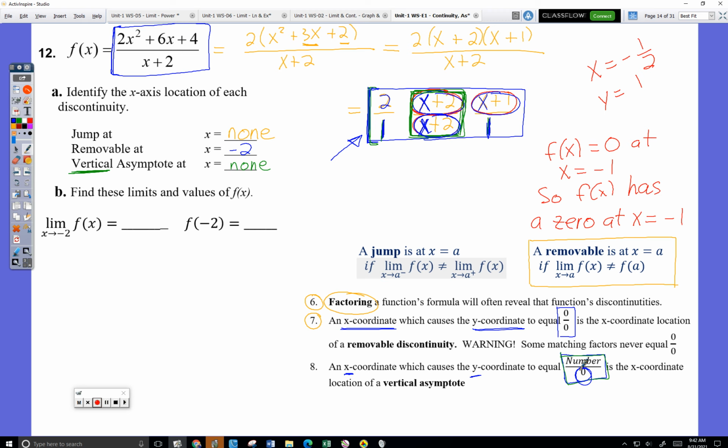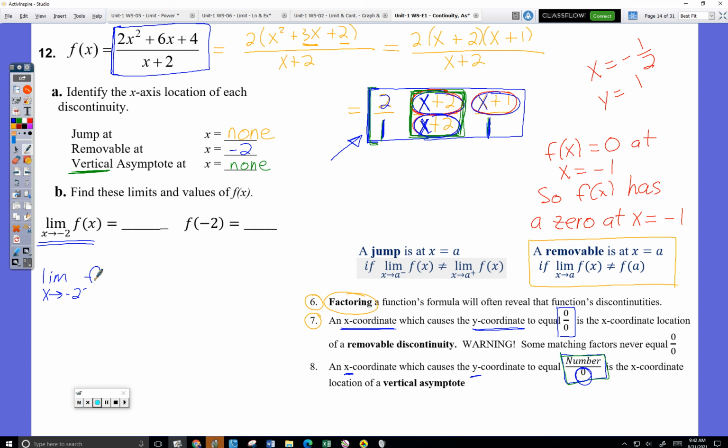Solid. Okay, part of this worksheet is just making sure you're not forgetting the idea of limits since it's all connected. So we are supposed to find this limit right here, which means we're supposed to find the left and right limits. We're supposed to find the limit when x is a little bit less than -2.